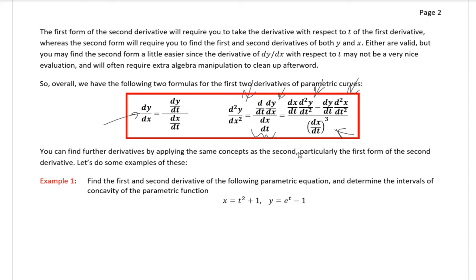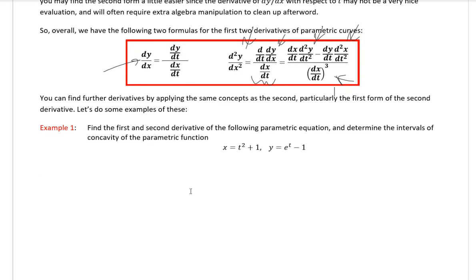Again, all of these would be the same. I just think that the second version is going to be better, also because the second version will often require less algebra manipulation to clean it up. The first one, when you take the derivative of the derivative, that usually gets ugly, and then you have to divide that by another function. So that gets kind of gross.